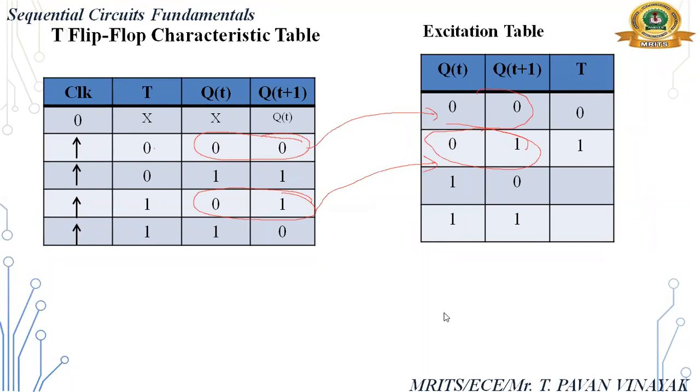Next 1, 0 appears here, so T will be 1. Next 1, 1 occurs here, so T is 0. This is the excitation table.